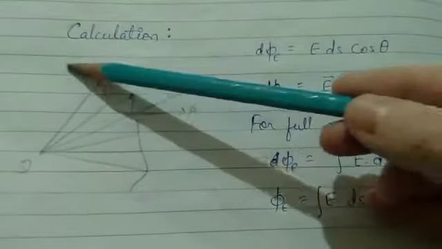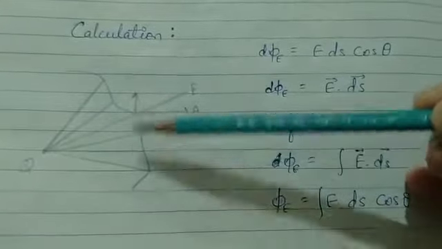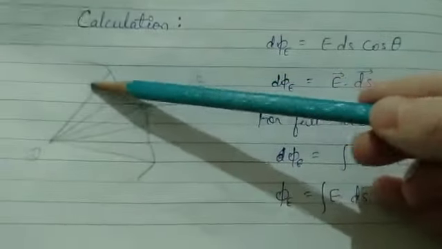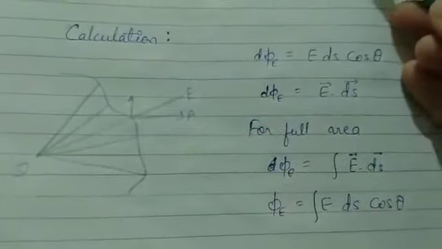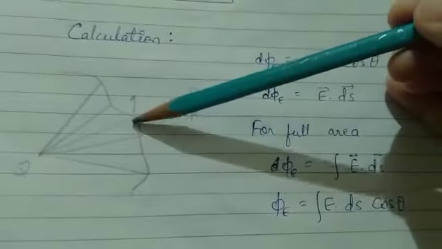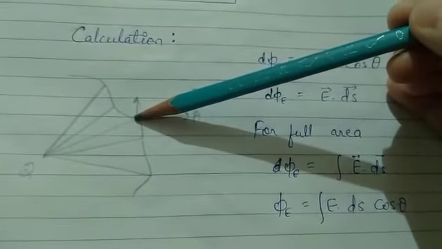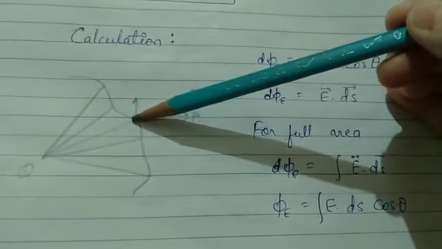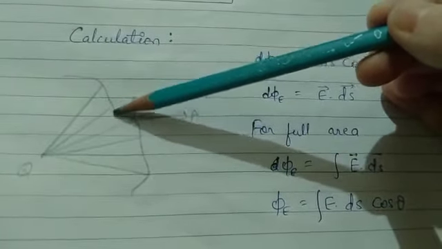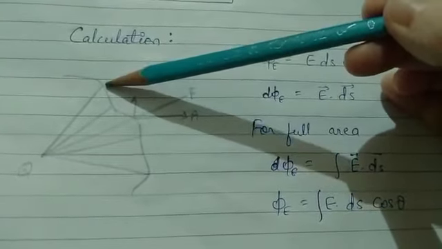Now suppose we have this type of surface, randomly arranged. It does not have a proper shape, so what we have to do is take the electric flux for a small surface, as we have done in so many other derivations.